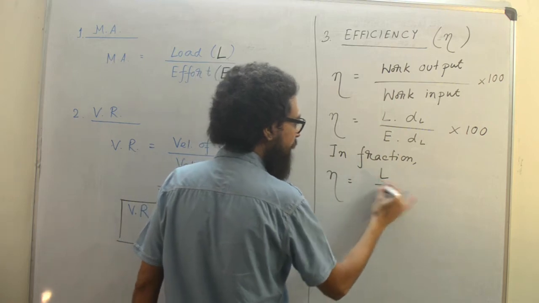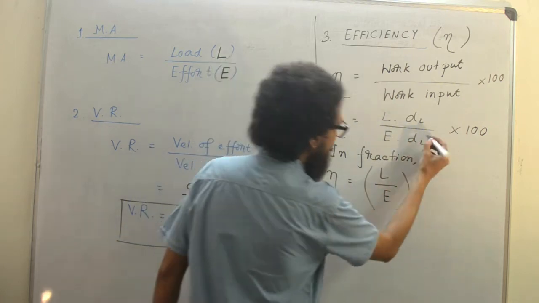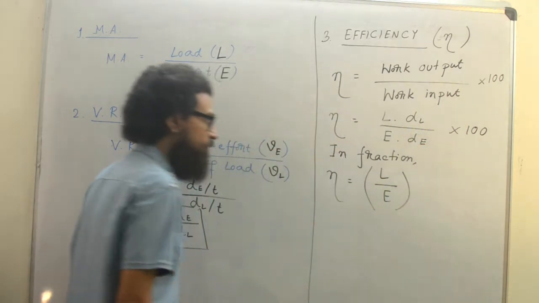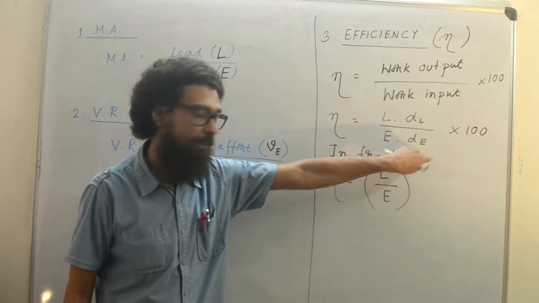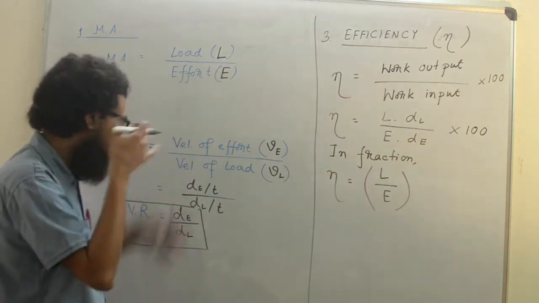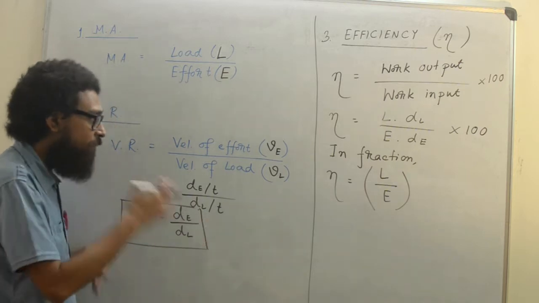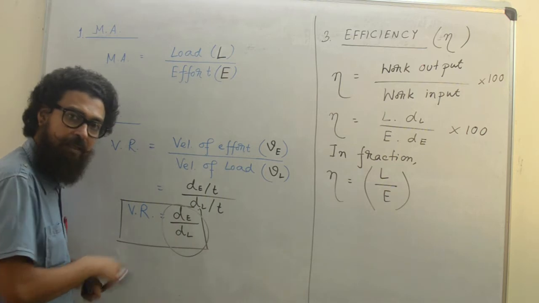Eta is load by effort, definitely, and the other factor, extremely sorry, this will be DE. Please rectify, this is DE. I just wrote DL because of the flow of thoughts. Anyways, now we have a relation here: DE by DL is VR.